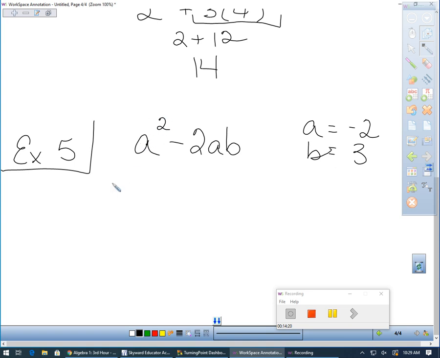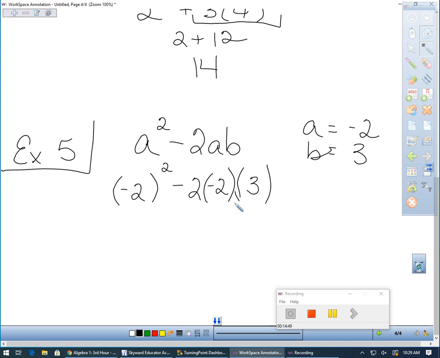So where this a is, I'm going to put a parenthesis and put a negative 2 squared. Minus 2, where this a is, I'm going to put parentheses and put negative 2. And where the b is, I'm going to put parentheses and put 3. Right? And all those parentheses next to each other mean that we're multiplying, right? Okay.